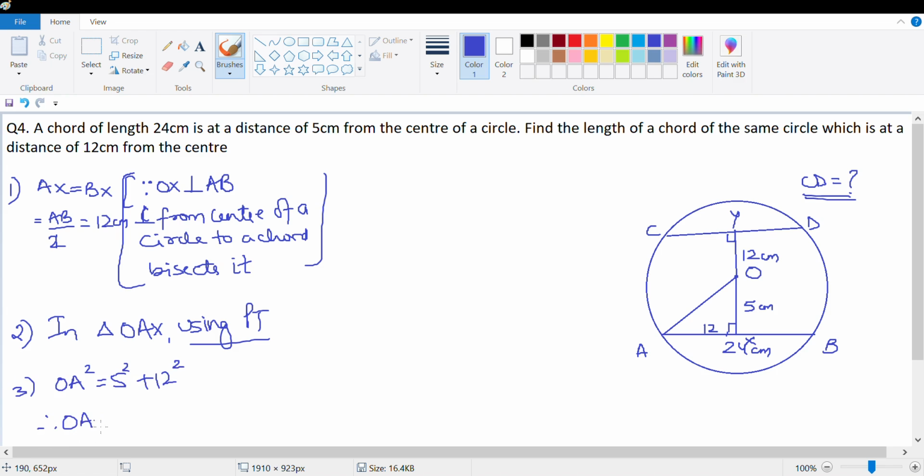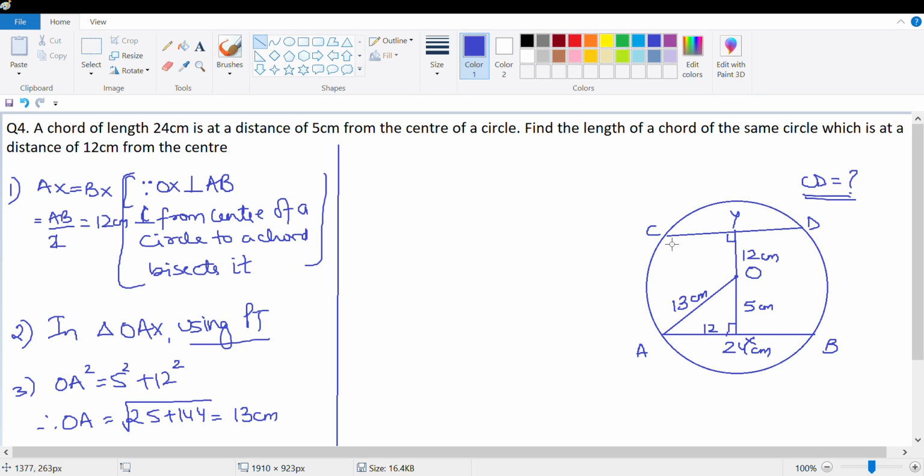Therefore OA would be equal to the square root of 25 plus 144, that's 169, the square root of which is 13. So 13 centimeter. This is where I would request you to remember your Pythagorean triplets. 5, 12, 13 is a simple Pythagorean triplet. So in this case, the radius is 13 centimeter.